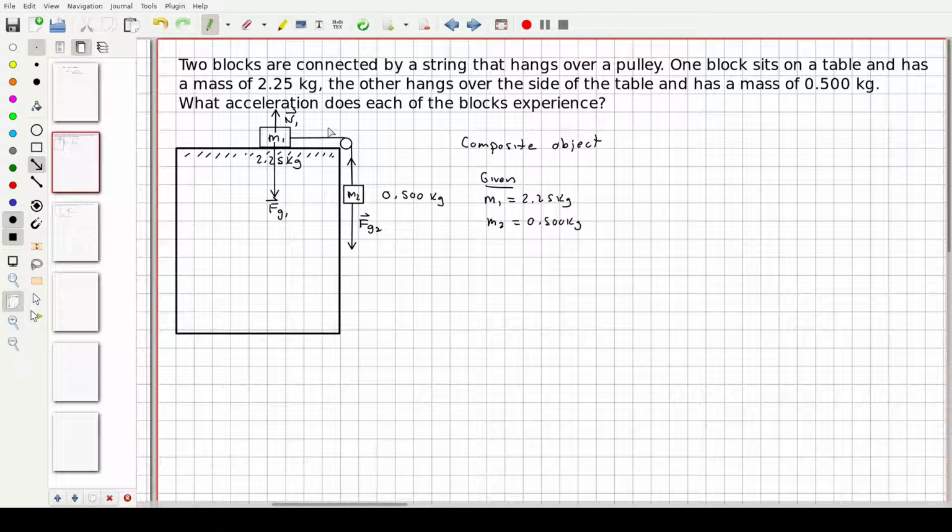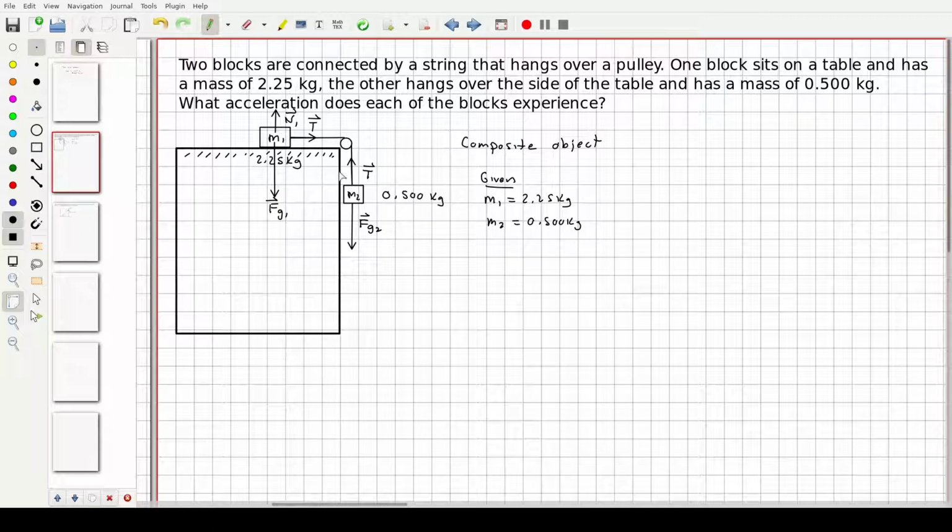This tension, since in a string or a rope or a cable it is the same at all points, when it connects to here, it's going to pull this way on this mass right here. Remember, tensions are the same at all points inside a cable, a string, or whatever. So the directions of these two tensions may be different, this one, for example, to the right and this one up, but in magnitude, they are the same.